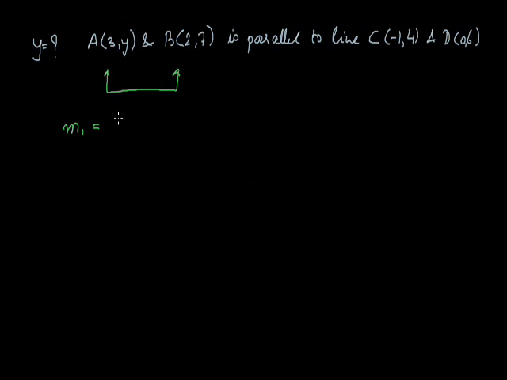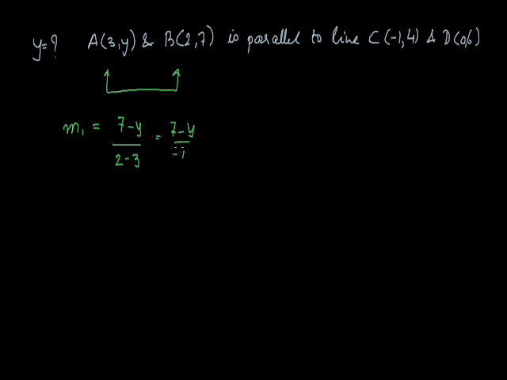So M1 is equal to 7 minus y upon 2 minus 3. So 2 minus 3 will give me minus 1 in the denominator, and in the numerator I'll have 7 minus y. Now in this case I had taken y2 as 7 and x2 as 2, y as my y1 and 3 as my x1.